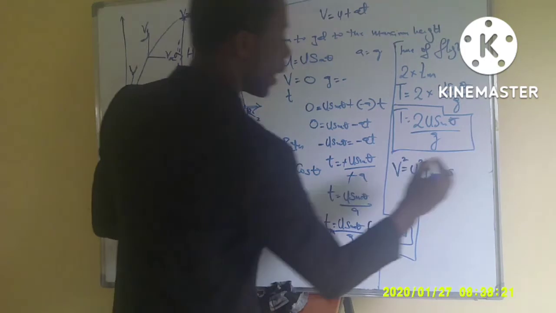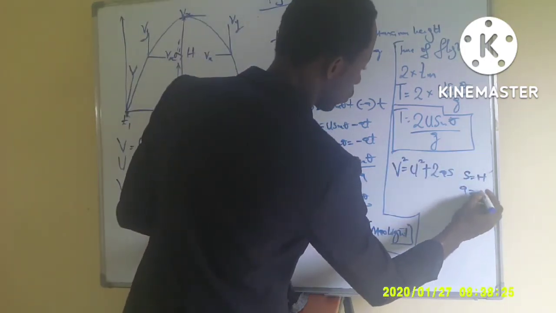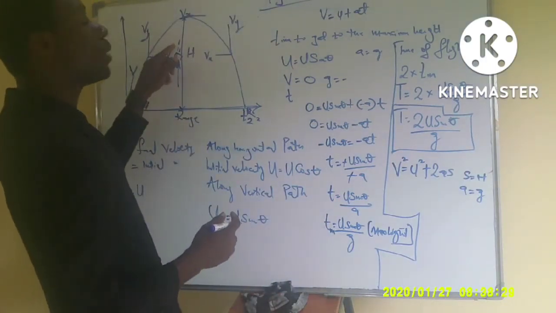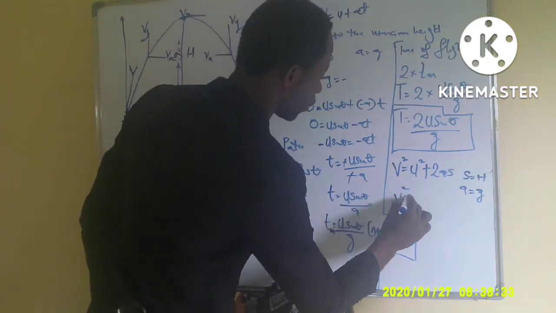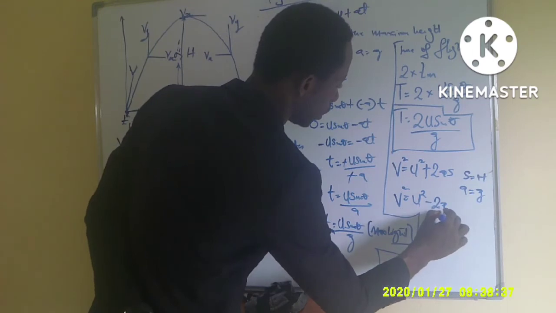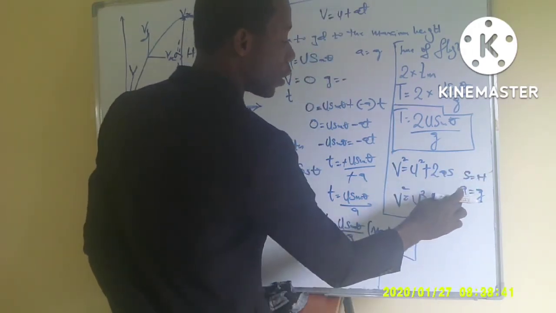So s is equal to h and a is equal to g. For you to get to the maximum height, g is negative. So the equation becomes v squared is equal to u squared minus 2gh. We'll replace s with h, and a with g.